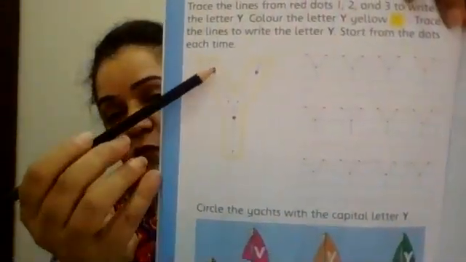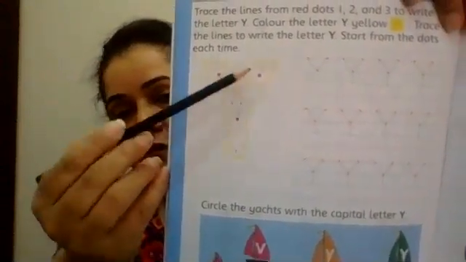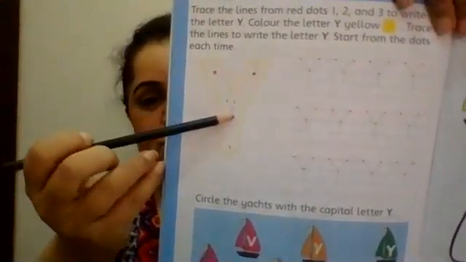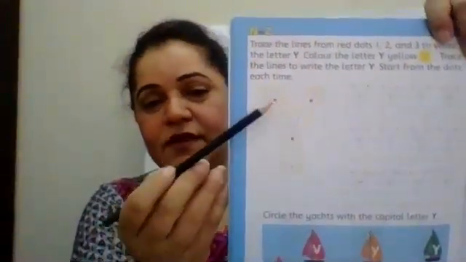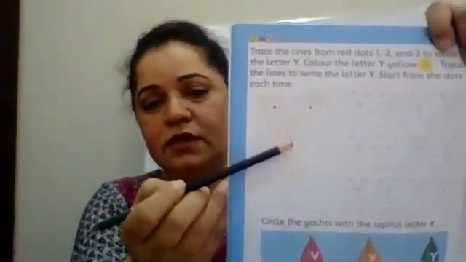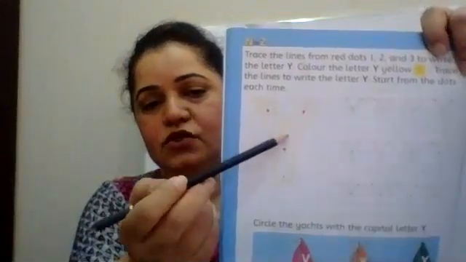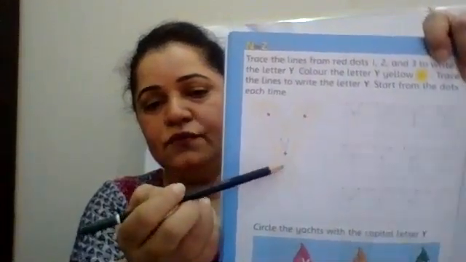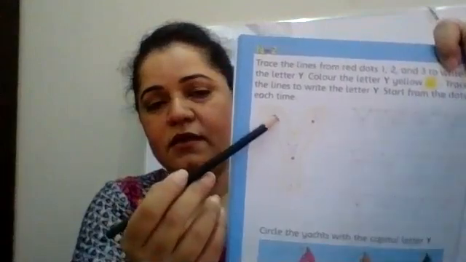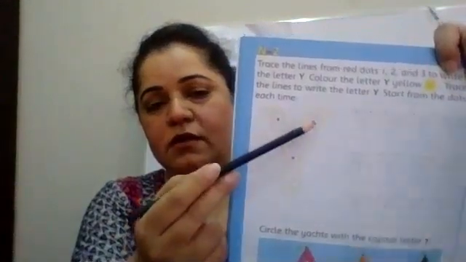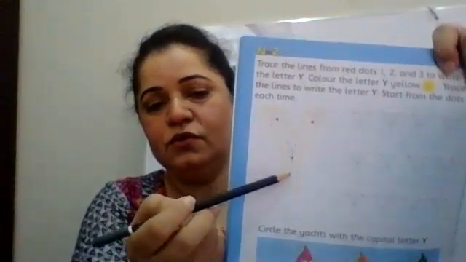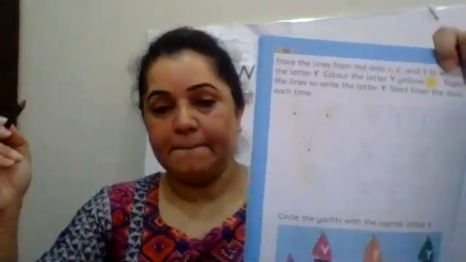So now you're going to trace. One, two, three. Very nice. One, two, three. One, two, three.